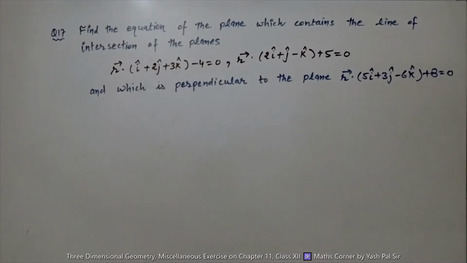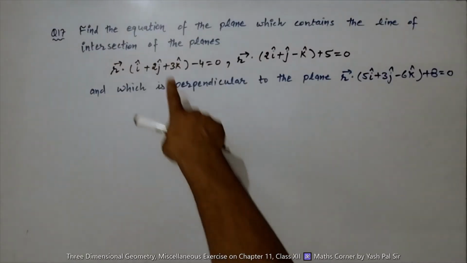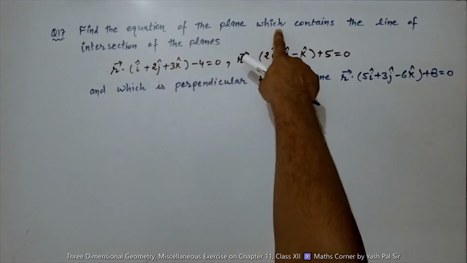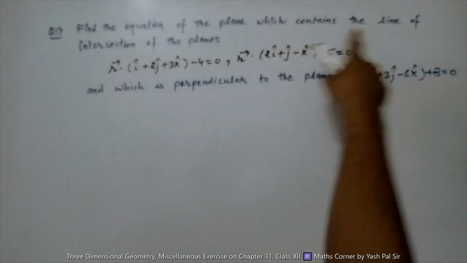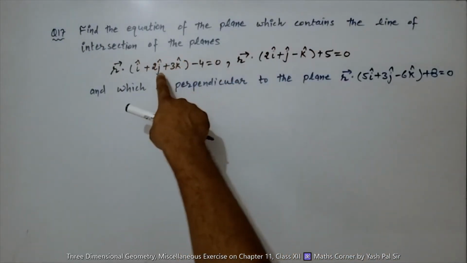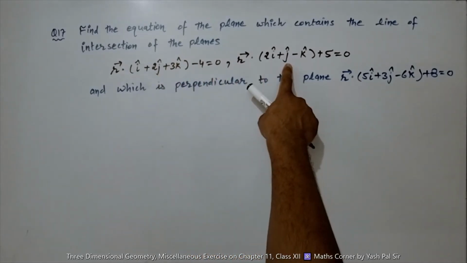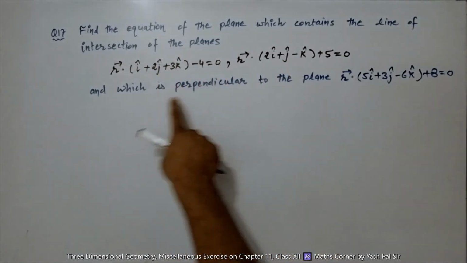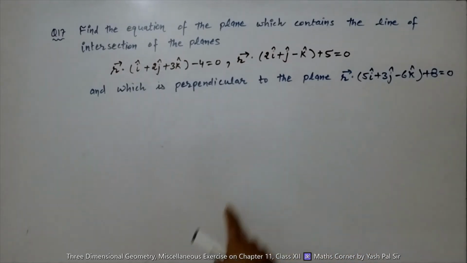Next question, question number 17. Find the equation of the plane which contains the line of intersection of the planes, first plane, second plane, and which is perpendicular to this plane.